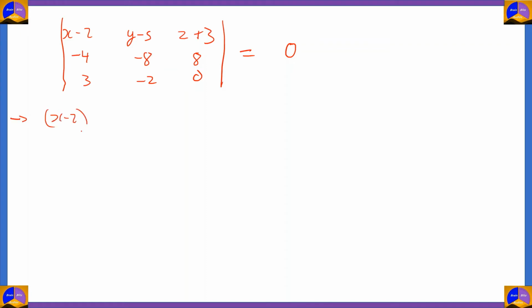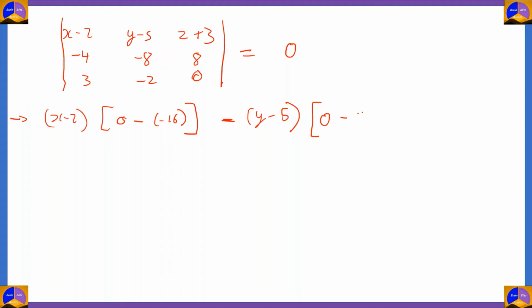So x minus 2 into minus 8 into 0 is 0, minus 2 into 8 is minus 16. And then for the second term, it will be a minus. Go back to the chapter determinants to find out why. And y minus 5, and minus 4 times 0 is 0.